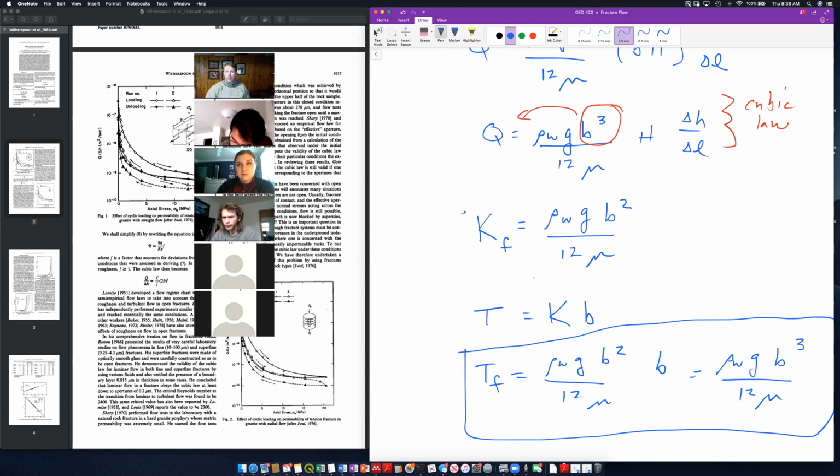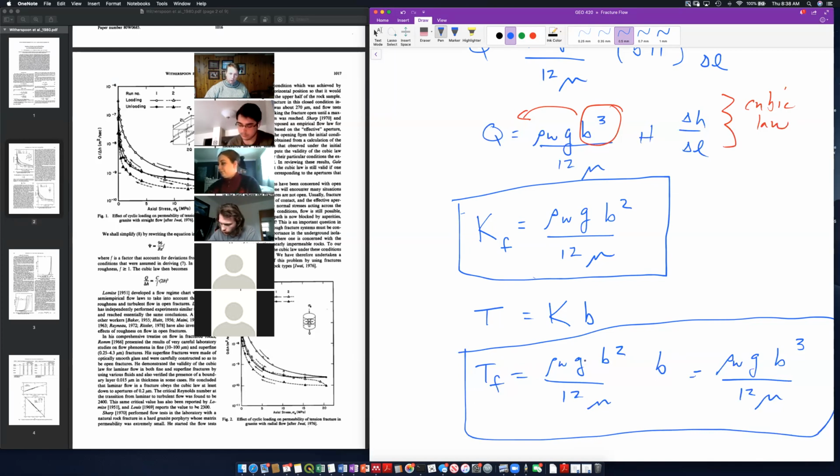So two important relationships: the single fracture hydraulic conductivity, rho water G B squared over 12 mu, and the transmissivity of a single fracture, rho water G B cubed over 12 mu, and this gets called the cubic law.